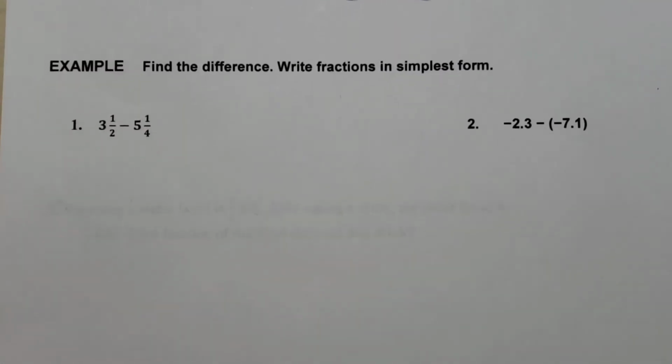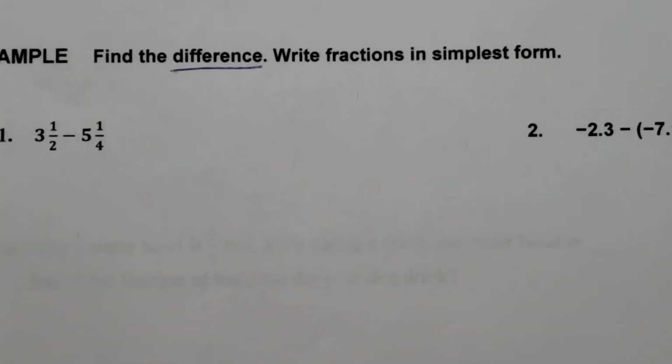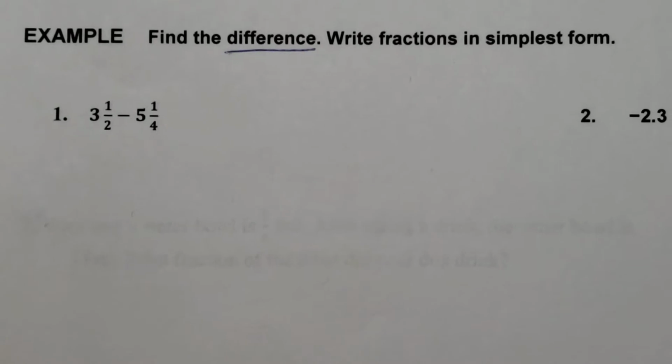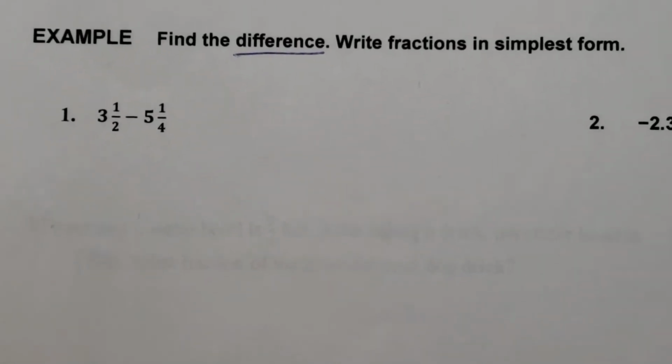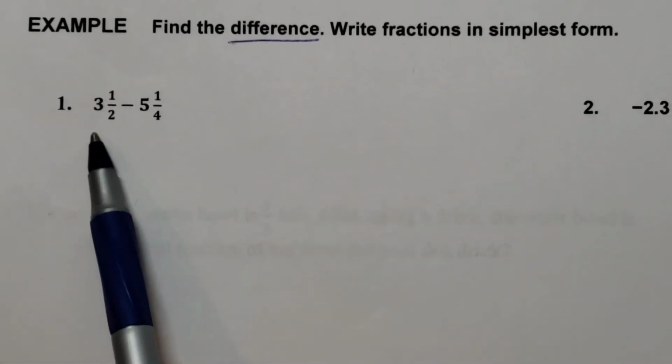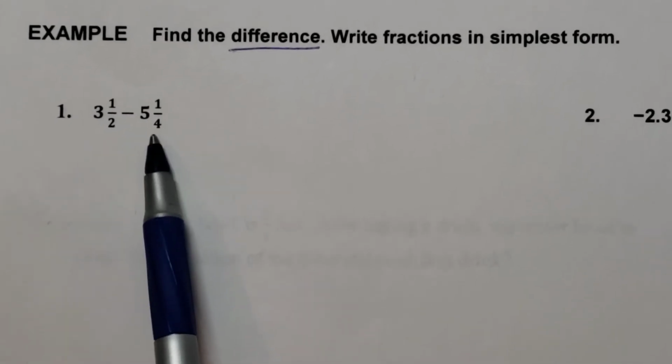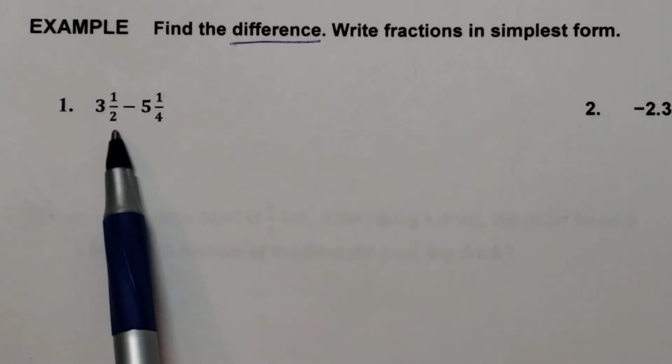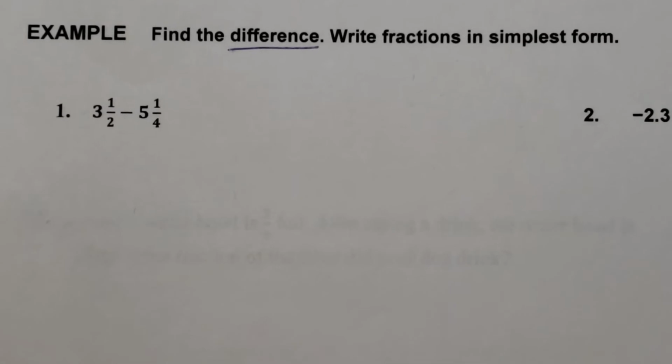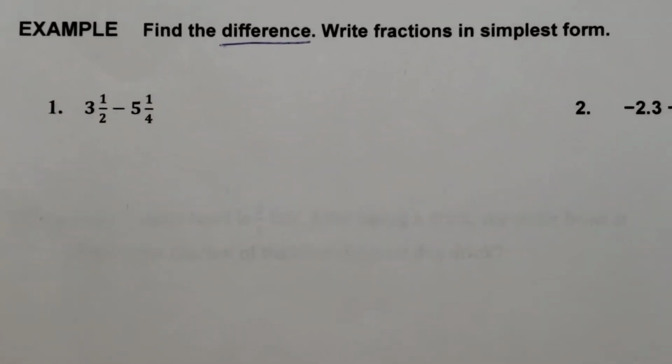Let's try this out. So find the difference and write the fractions in simplest form. So let me zoom in. Okay, there we go. Hopefully that stops moving. Now the first thing we do is change the mixed number into an improper fraction, which is helpful. So 3 1/2 minus 5 1/4. So this is what we do.